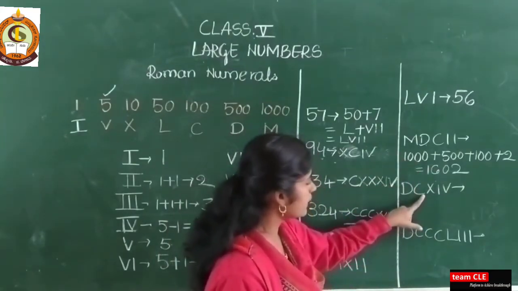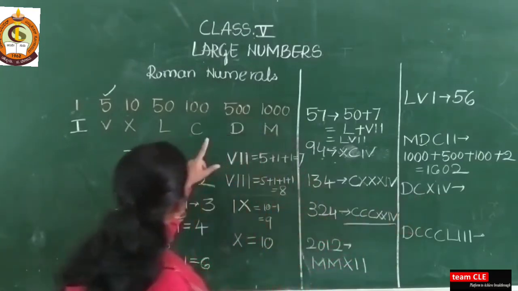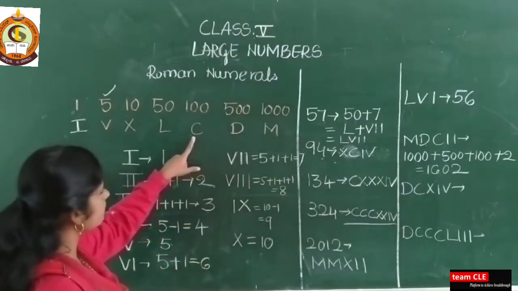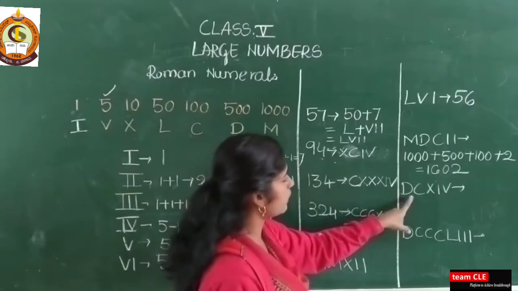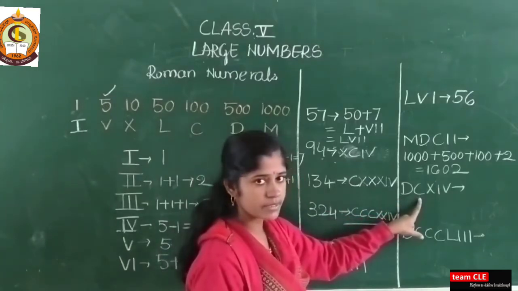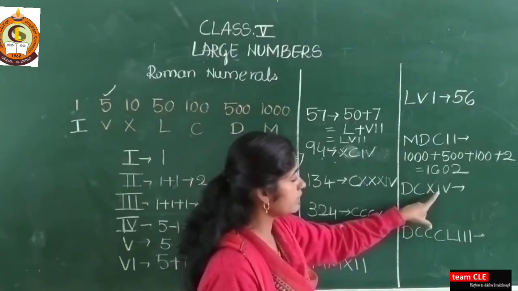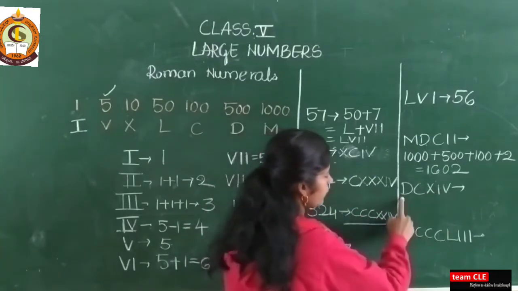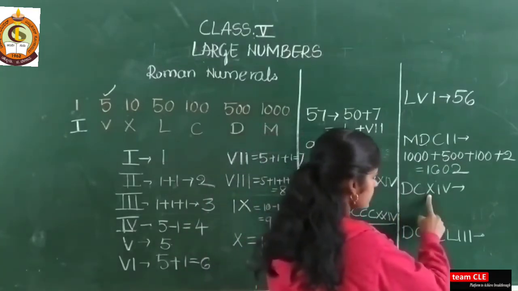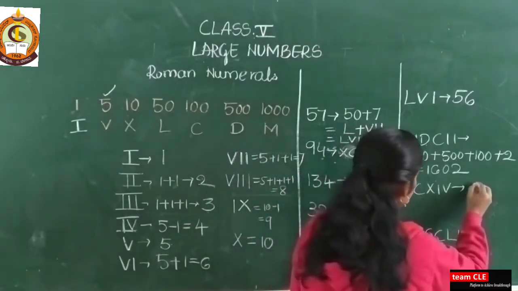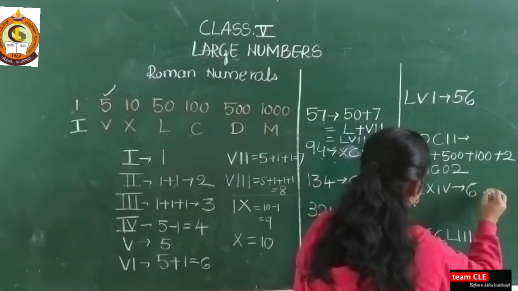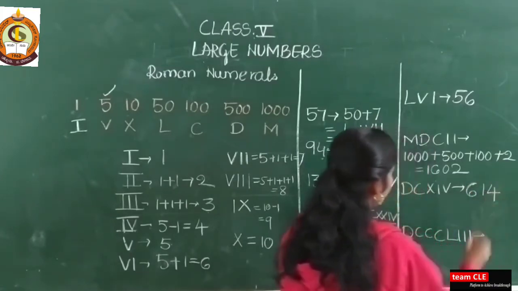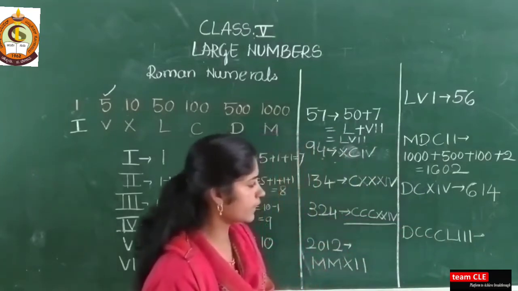For your understanding purpose I wrote that. Next here DCXIV. D means 500, C means 100, so 500 plus C means 600, 610, and this IV means 614. 14, not 40, 614.